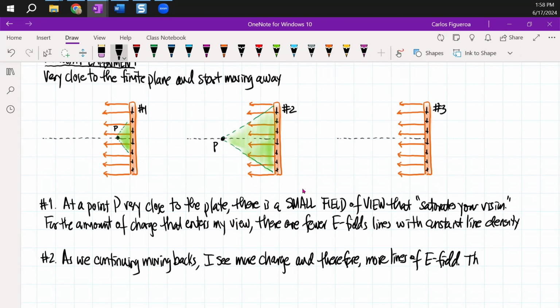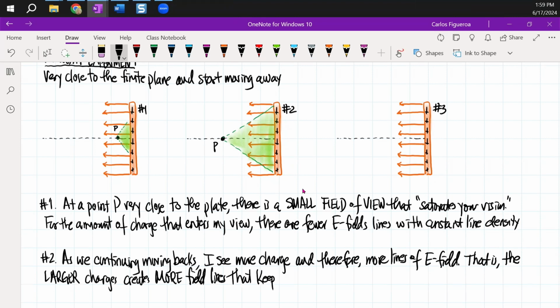In other words, as my field of view increases the amount of charge, the larger charge creates more field lines that keep the line density constant.